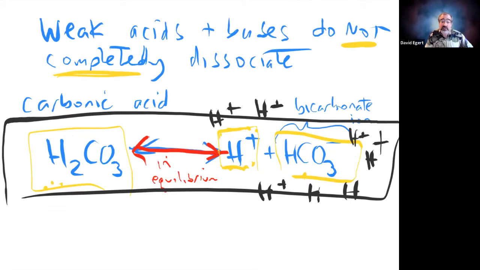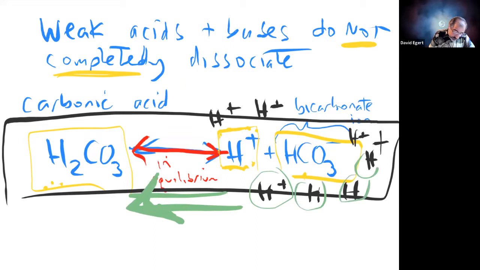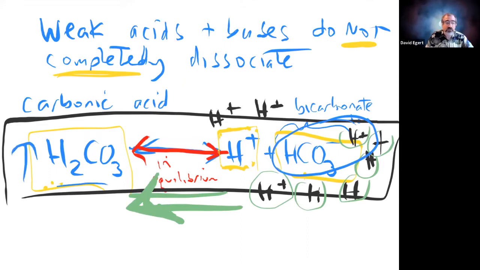By increasing the concentration of the products on this side, it is going to force the equilibrium to move in this direction. So a lot of these extra H pluses that are added in are going to combine with the bicarbonate ions and make an increased amount of H2CO3.